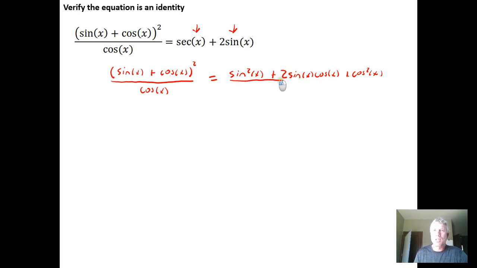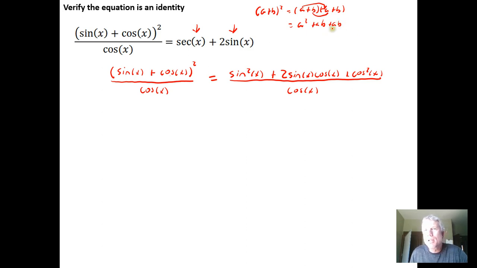And this is just using the pattern from pre-calc that we learned, where we said, if we have the sum of two things being squared, squaring means multiply that base by itself, and you get a times a is a squared, a times b is ab, b times a is still just ab because multiplication is commutative, at least for algebraic functions and real numbers, plus b times b is b squared.